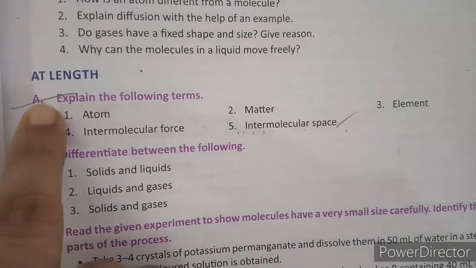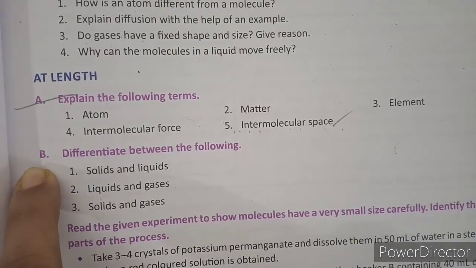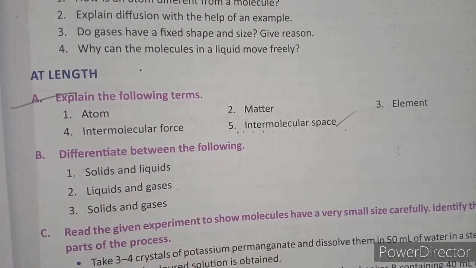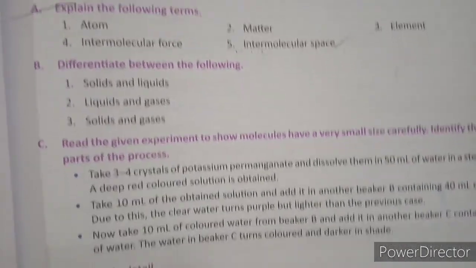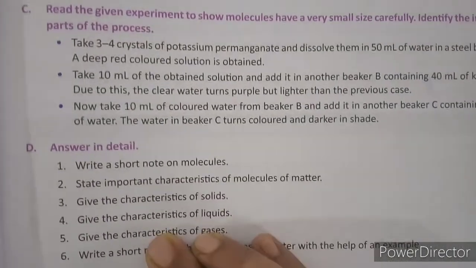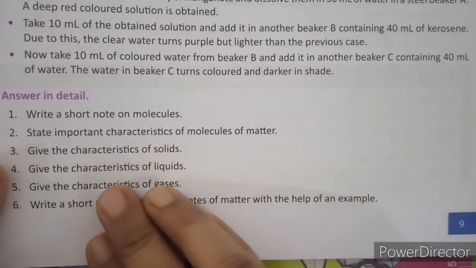So, we have already completed up to part B. Today we will discuss the rest two parts, that is C and D part of the exercise on page number 9.